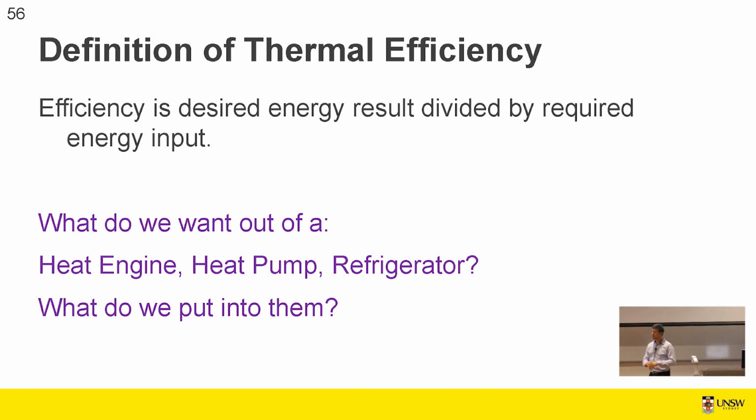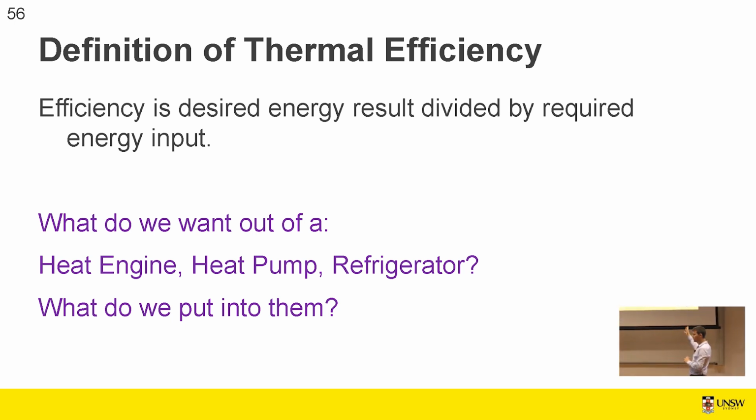When we talk about efficiency, I think of efficiency as being the thing that you want out divided by the thing you have to put in. So what do we want out of a heat engine, for example? I've said at least 3 times this lecture. Work. Yep, so you want work out of a heat engine. What do you want out of a refrigerator?